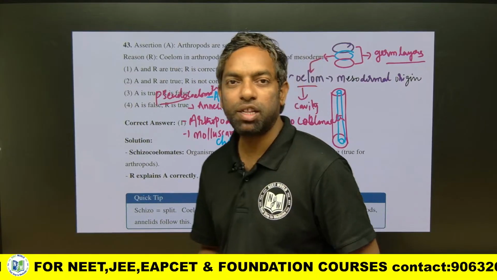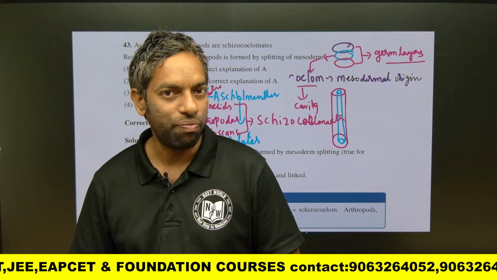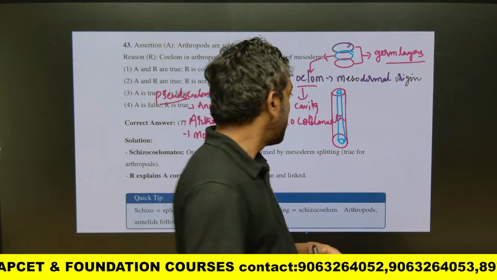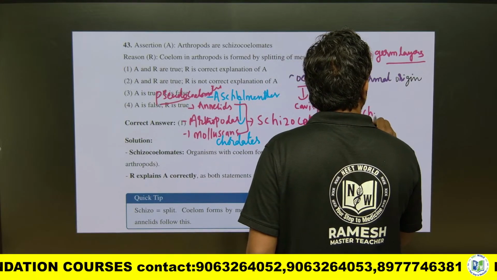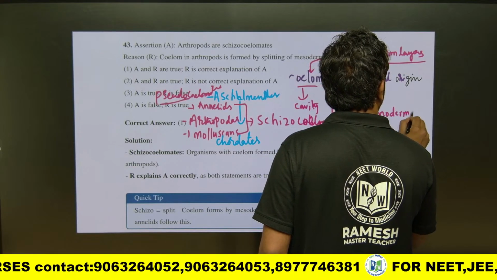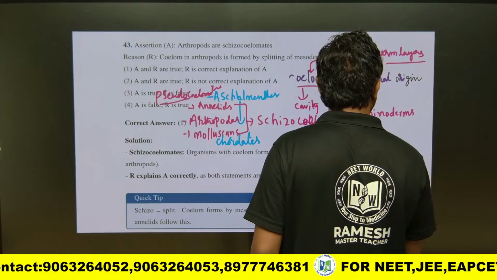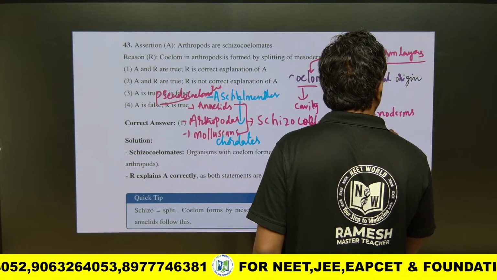Cytocoelomates are those where the mesoderm splits to form the cytocoelom. After that, echinoderms to chordates are enterocoelomates.